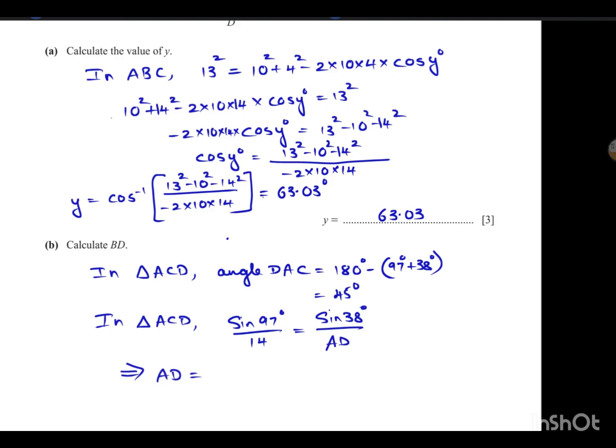AD will be, if you cross multiply, these two will be multiplied and this will be multiplied with this, which comes into denominator, the product of 14 into sine 38, by sine 97.